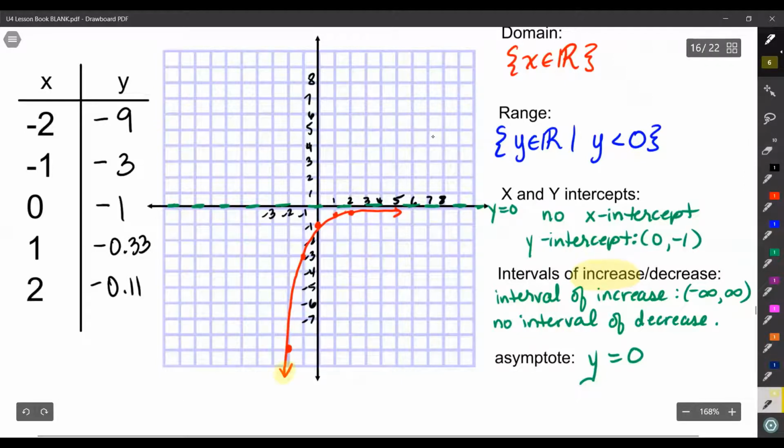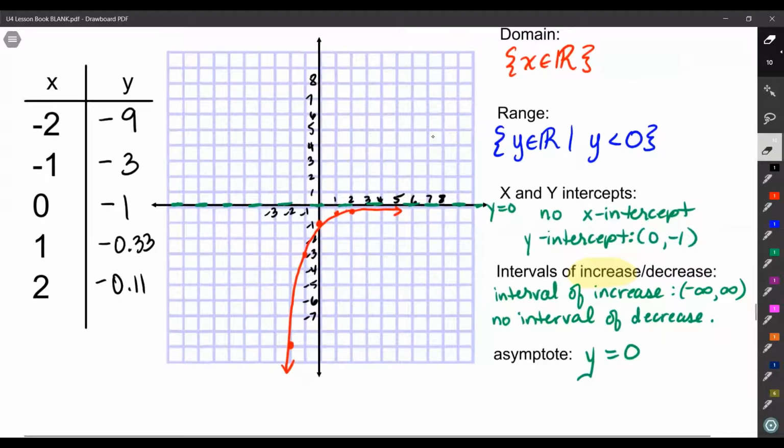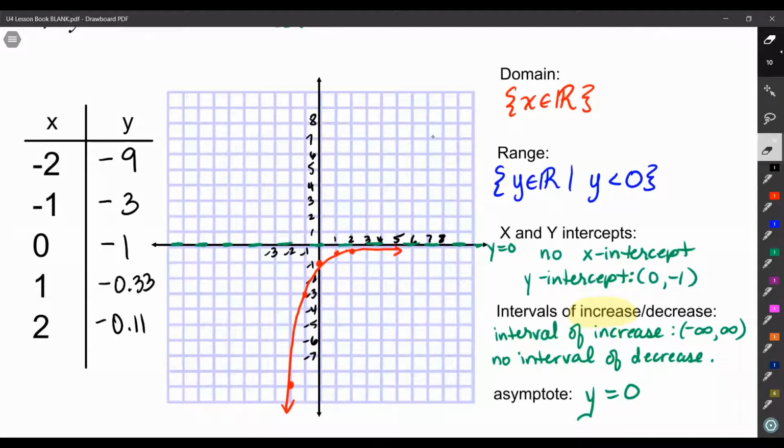Just take your pencil, start at the very left of your graph and move your pencil toward the right and watch whether your pencil is going up or going down. If you're going up, then you're increasing. If you're going down, then you're decreasing. Okay, any other questions for this one before we move forward?